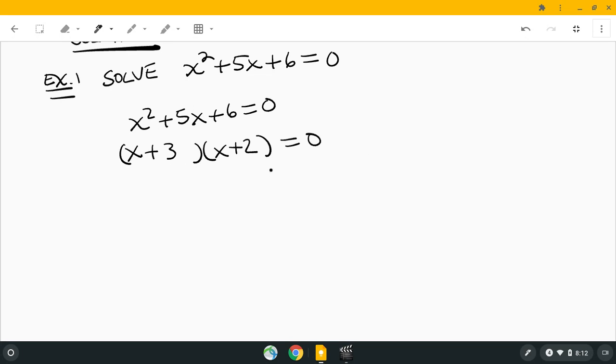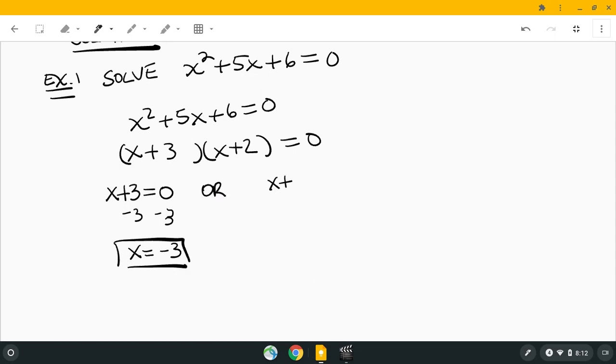All right, once you factor, you take each factor, x plus 3, set it equal to 0, and solve. Subtract 3 on both sides, so x equals negative 3. Or take each factor, set it equal to 0, and solve.